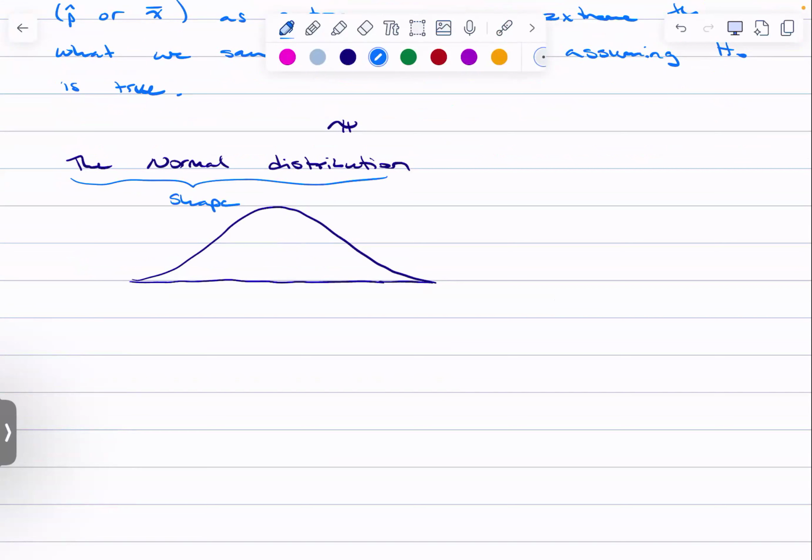The shape of the distribution. This curve can be represented mathematically. We're not going to do that, okay? Because it's not fun calculus. But what can we do? If we have this distribution, we can represent it mathematically.